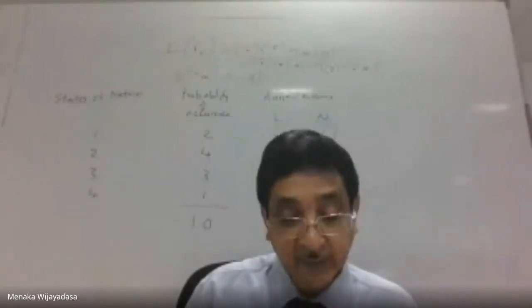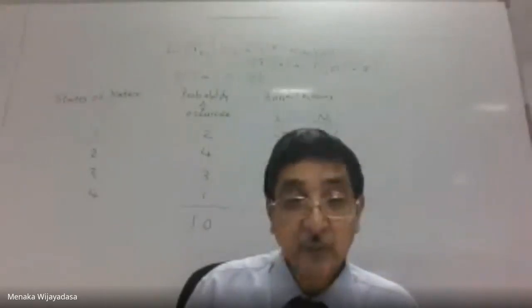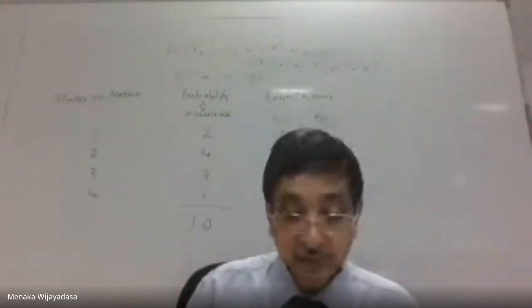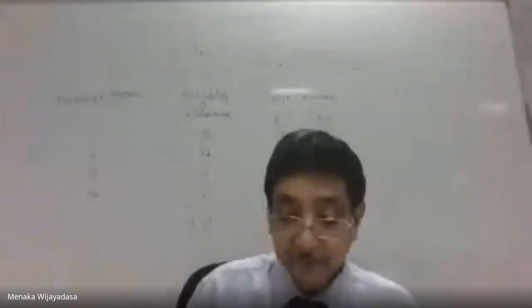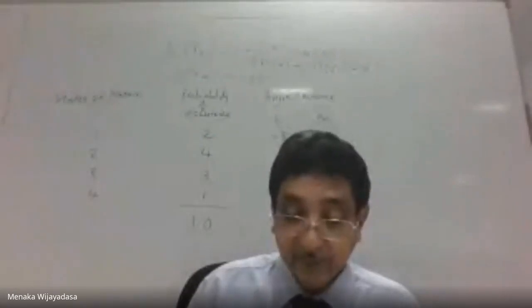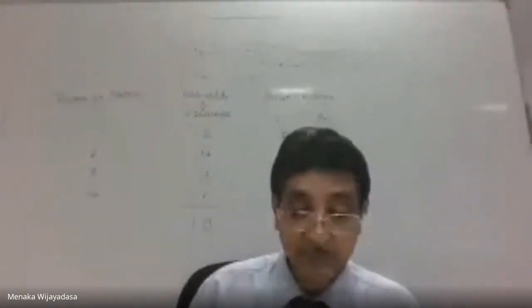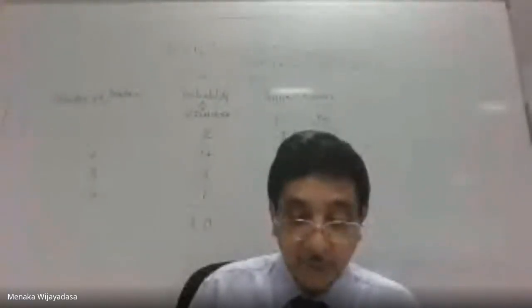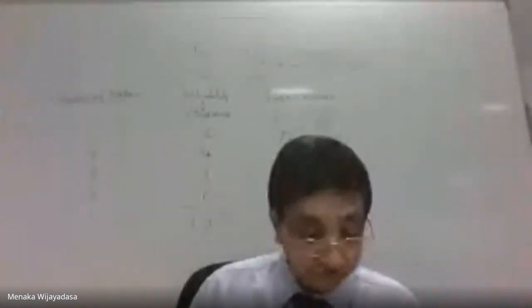That is what we have already calculated. Fifth column would be RM minus ERM. Then the covariance LM would be the multiplication of column 1 into column 4 into column 5. So that is how we calculate the covariance.